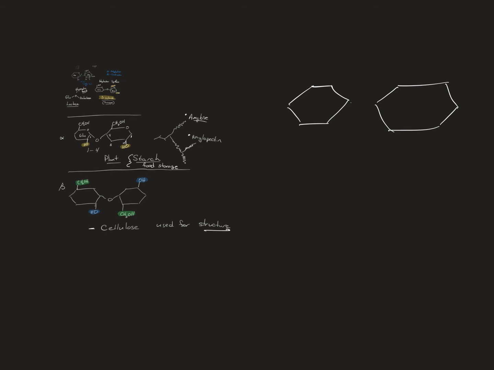So if you think about it, that's 1, 2, 3, 4, 5, and then 6 is sticking out. Remember, it's CH2OH. So it goes from carbon 1 to the 6. It uses a linkage here in this direction.